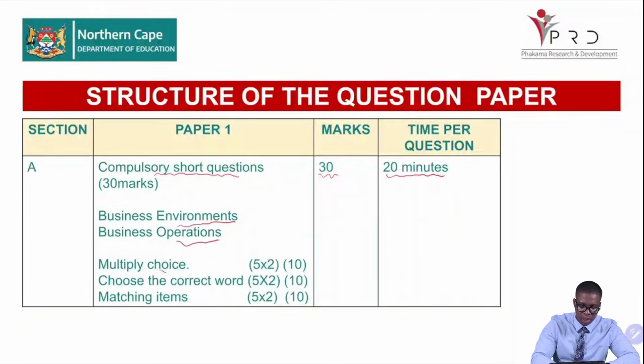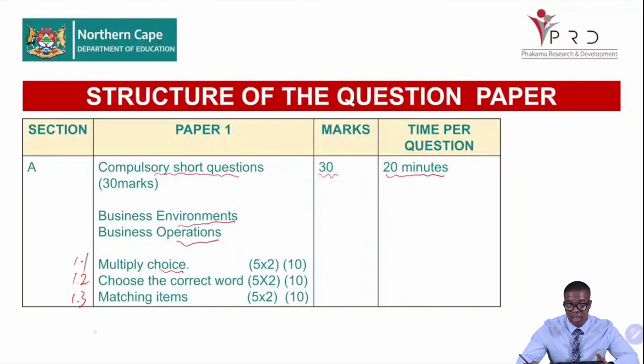And you have your multiple choice in your 1.1. You have your 1.2 being choosing the correct word from the box with the different concepts. And then you'll also have 1.3, which we call the matching items, wherein you are going to be comparing between column A and column B. Now, that is your section A.